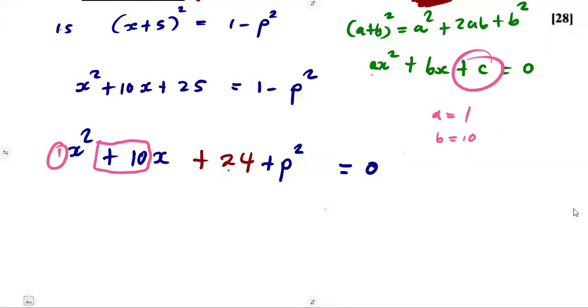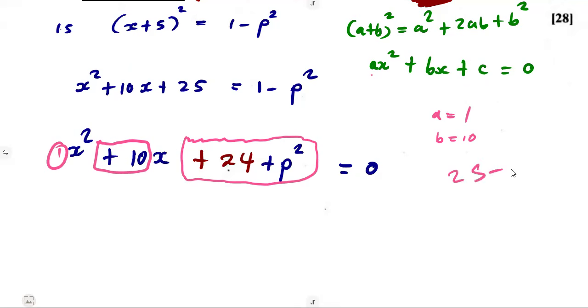What about c, which is a constant where we do not have x? The whole of this part here, we do not have x here. This one, 24 plus p squared, or the 25 minus 1 plus p squared, depending on the way that you wrote it. It's a constant. We do not have x there. So it becomes a constant.